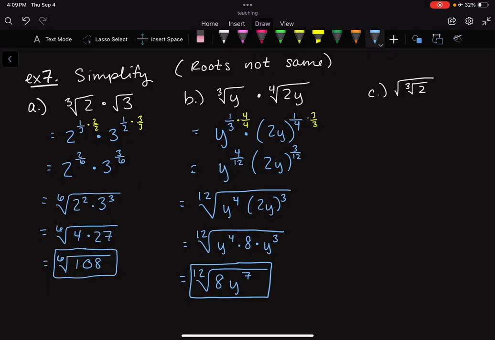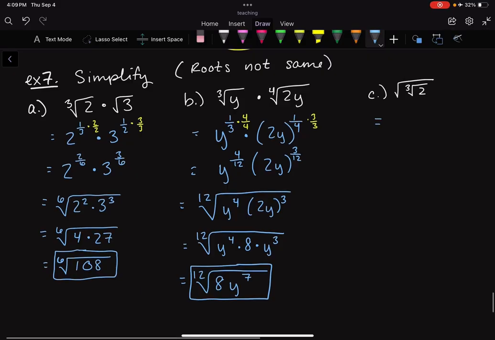And then for our last one, let's go ahead and do this one together. So I'm going to write it all as roots. So this is 2. That cubed root can be written as 1 over 3. And then that square root on the outside can be written as 1 over 2.